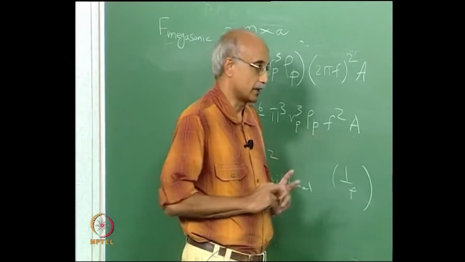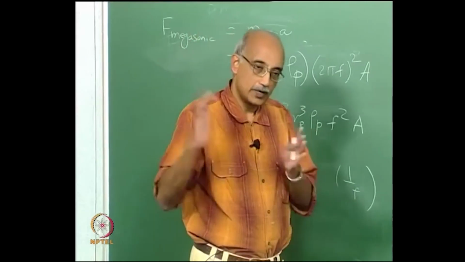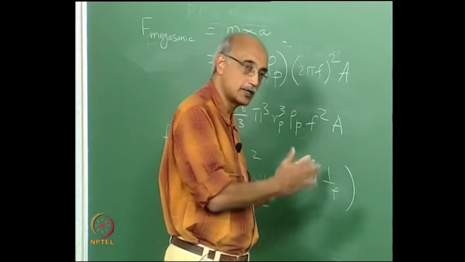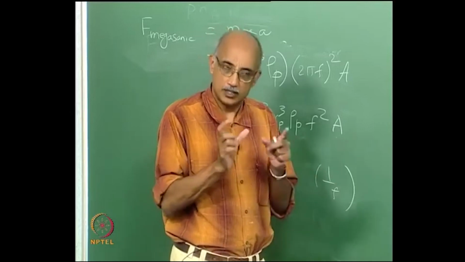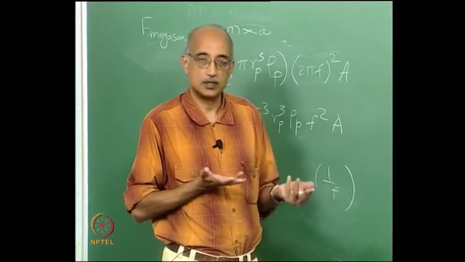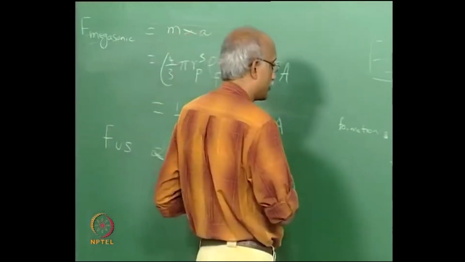So, the net effect, if you have an ultrasonic field, if you operate at a very high frequency, it is basically a megasonic mechanism. If you operate at a very low frequency, it is a cavitational mechanism. But if you operate at an intermediate frequency, you can in principle capture both effects, the cavitation effect as well as the megasonic or the streaming effect.